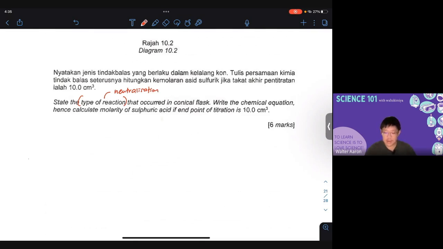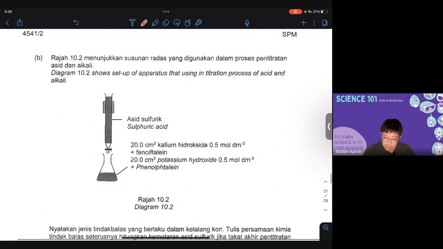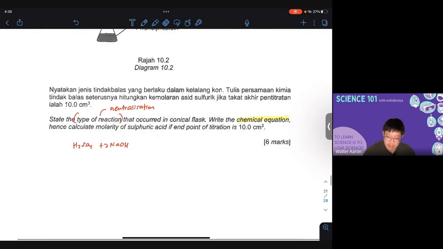Okay, so then after that, you have to write in the rest. So they ask you to write a chemical equation also, which is 2 marks in total. So H2SO4 plus NaOH, right? It's potassium.